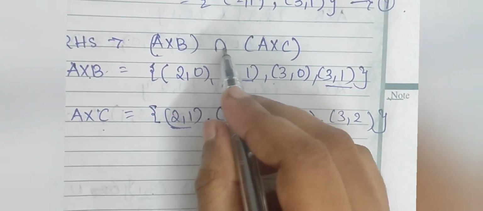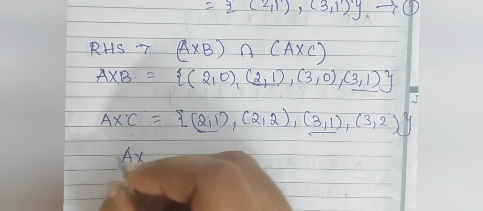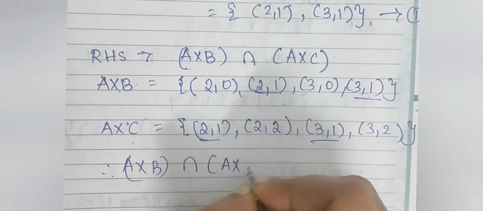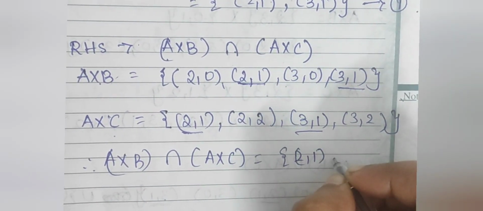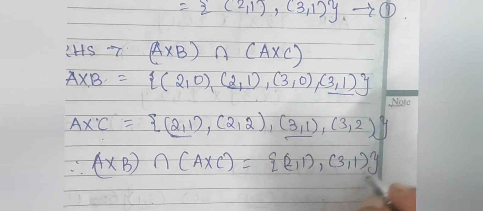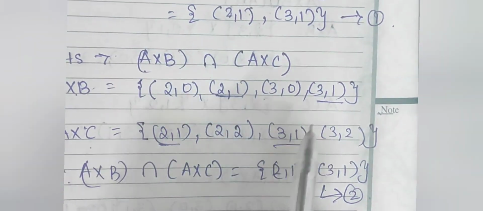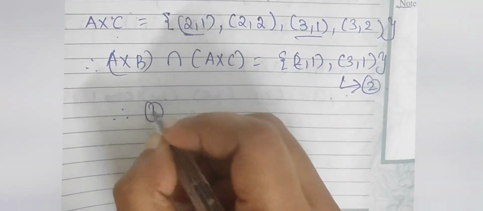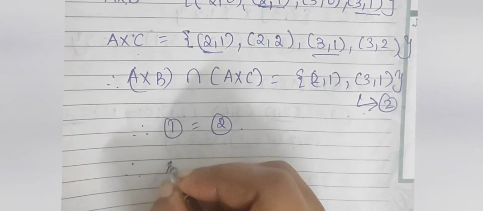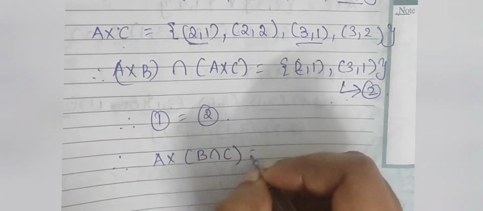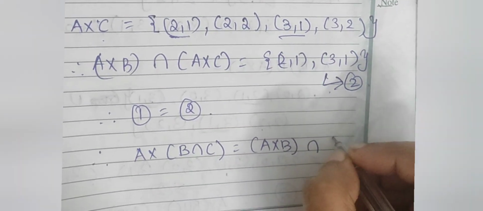For intersection, you will be writing only the repeated values. So (A cross B) intersection (A cross C) is equal to (2, 1), (3, 1). This is equation number 2. So equation number 1 is equal to equation number 2. Therefore, A cross (B intersection C) is equal to (A cross B) intersection (A cross C).